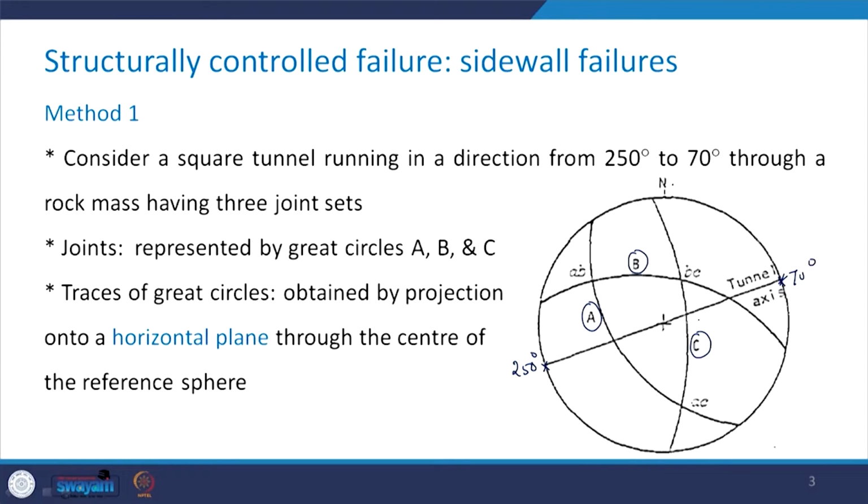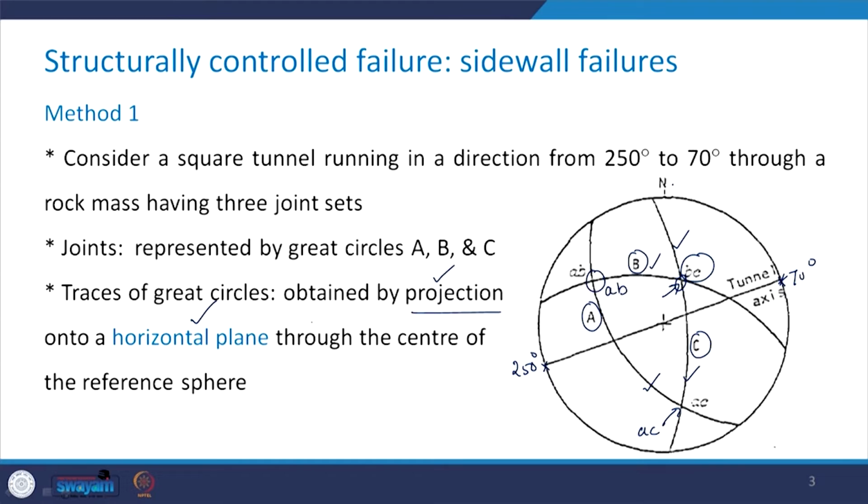Traces of these great circles can be obtained by projection onto a horizontal plane through the center of the reference sphere. The intersection points of these great circles are given here: this is A, this is C, so this is AC; this is B, this is C, so this point is BC; similarly this point is AB.